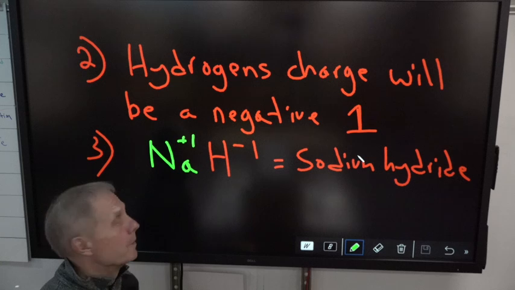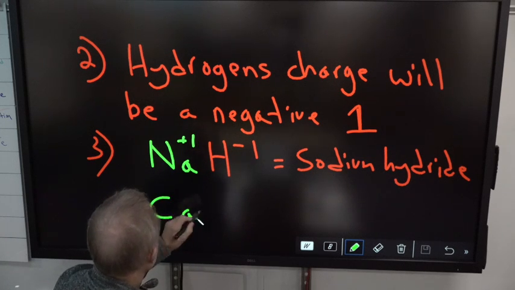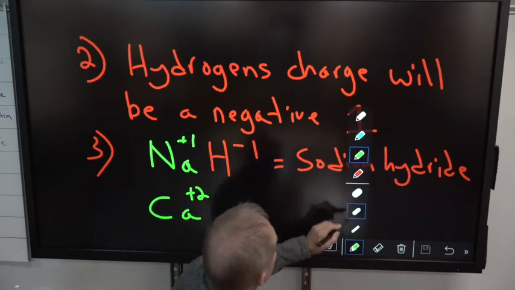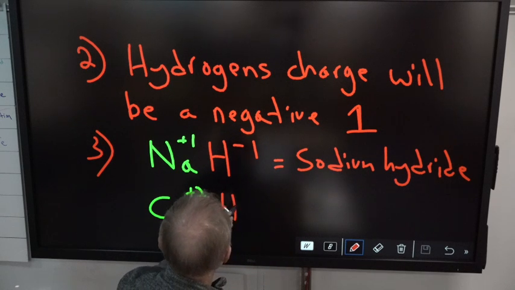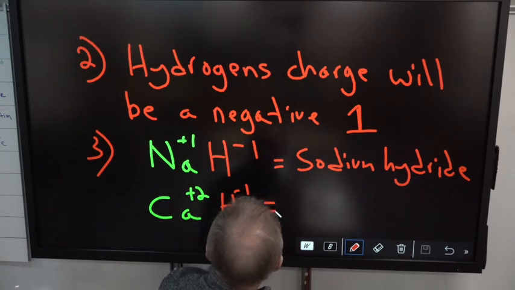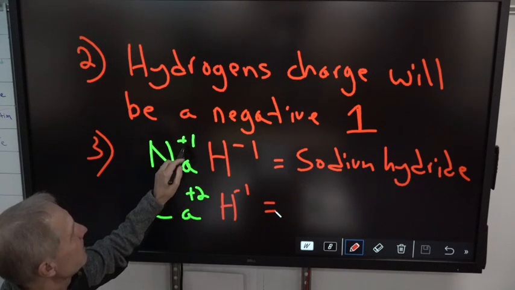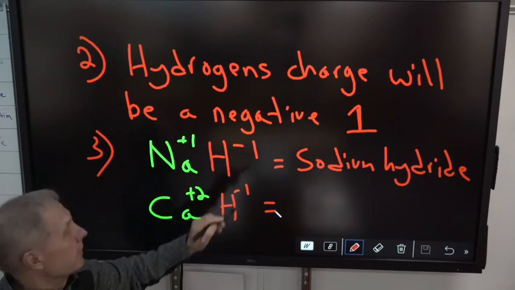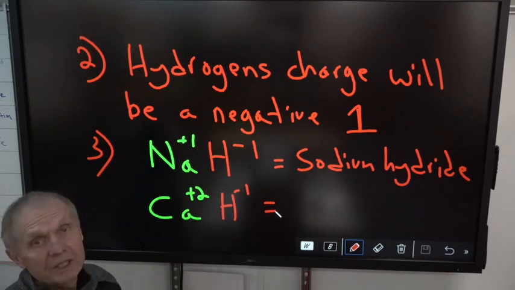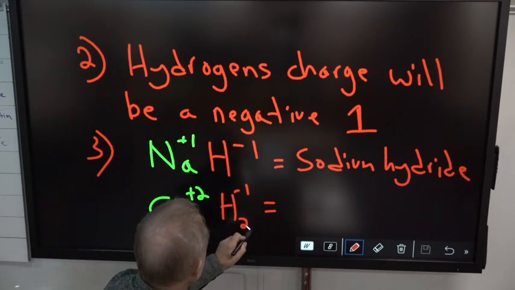And now here's your other example. Let's take a group 2 metal. Ca+2. We're going to hook it up with hydrogen. And remember, that doesn't work. You didn't have to crisscross this one because +1 -1, that equals 0. But +2 -1 doesn't equal 0. Crisscross. Going to be a 2 there.